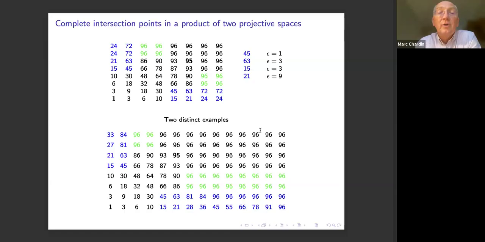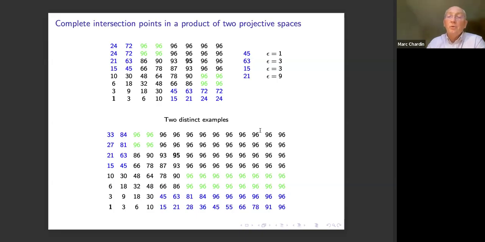Everything that is not in the square, so all the 96 that you see in green and above or on the right, are always there. And now what varies is just what you have in blue, and this depends on the form that you have. And we see what information one gets from that.